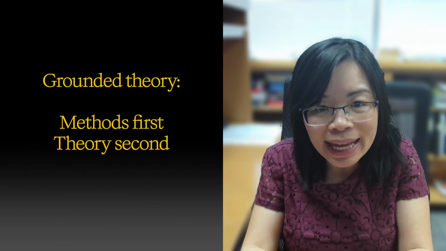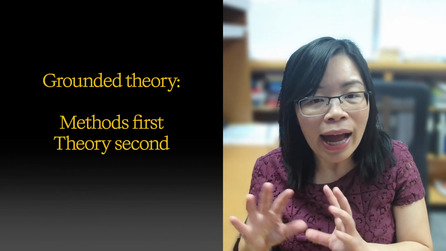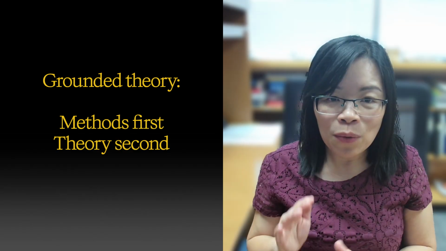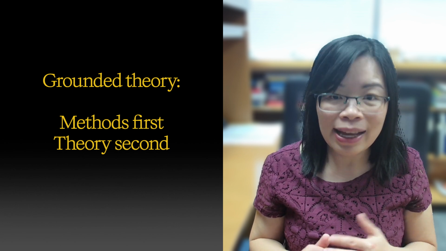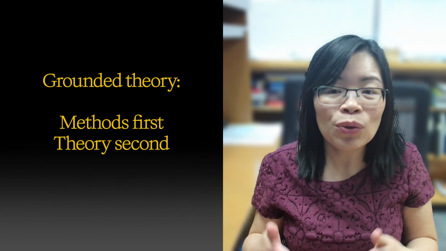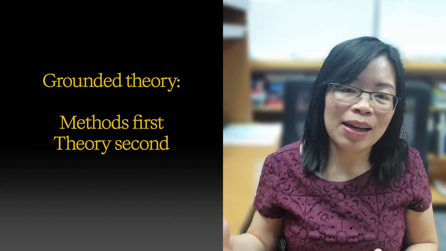Only then do you re-engage the broader literature and theories to show how your new theoretical model extends, refines, or challenges existing theories. Grounded theory ends in a dialogue that situates your new theory in, and sometimes against, the established theory.